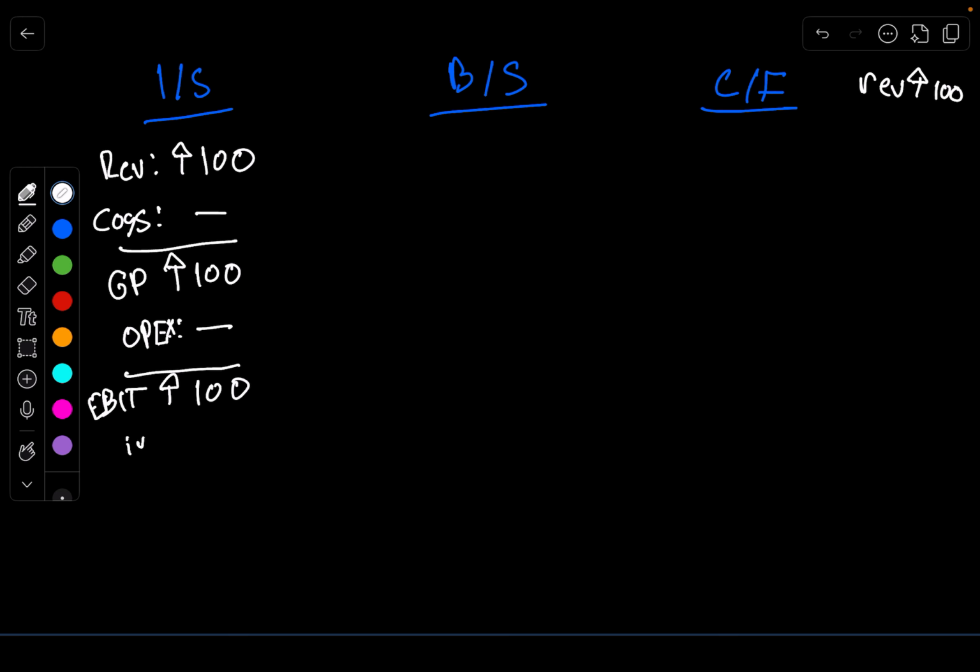Now our interest expense, there's no change there. So earnings before taxes are just going to be up by 100. Now our taxes, and this is what we're going to subtract now, we are going to have to pay more in taxes, right? So let's assume that there's a 25% tax rate.